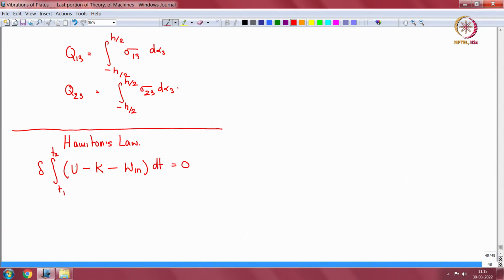Now what is W in? W in is the energy that is coming from the boundary forces plus the external loads.